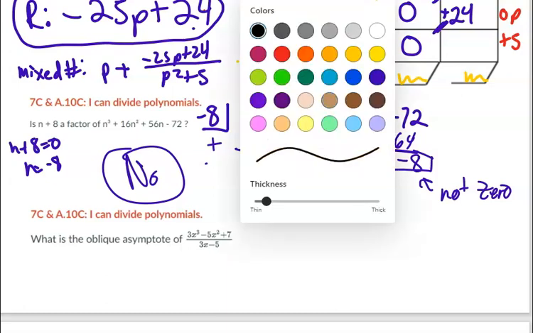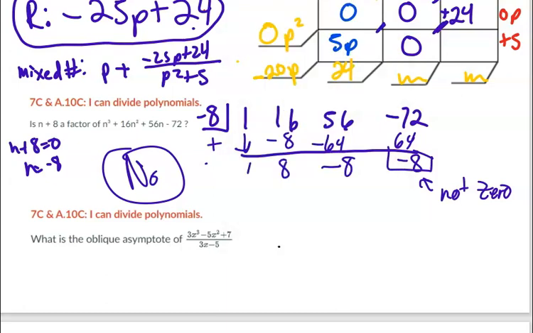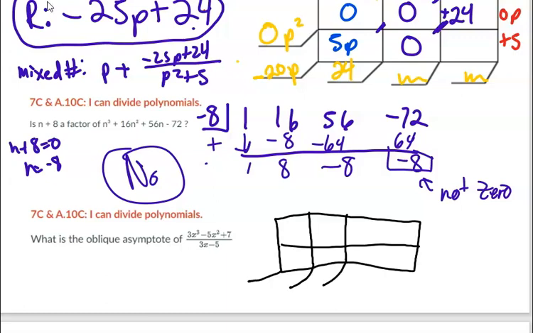Let's do box to divide this out. So on the side, let's go ahead and write our divisor, 3x minus 5. Inside the first box, let's put 3x cubed. The numbers on the side, we have negative 5x squared, 0x, and then positive 7.